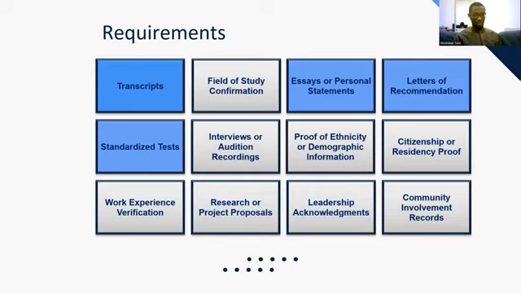You have the transcript, you have field of study, you have essays or personal statements, letters of recommendation, standardized tests, interviews or auditions, proof of ethnicity or demographic information, citizenship or residency proof, work experience verification, research or project proposals, leadership acknowledgements, and community involvement records.